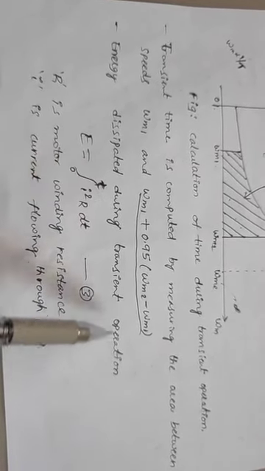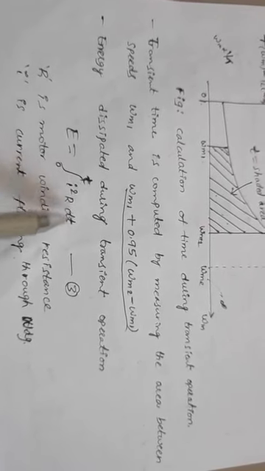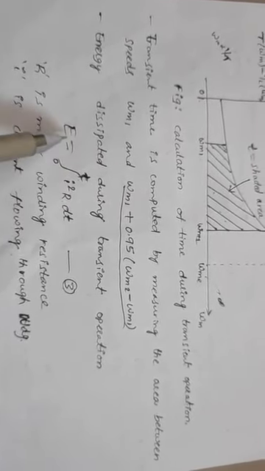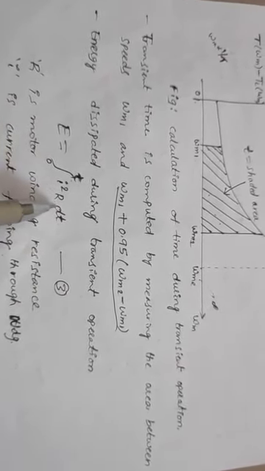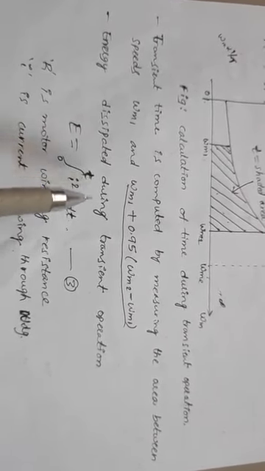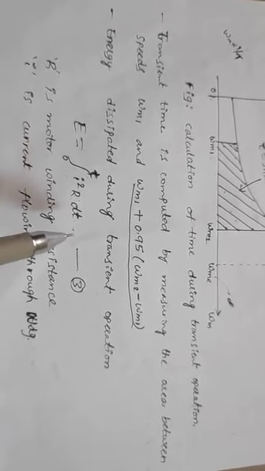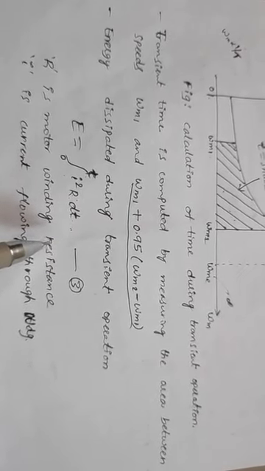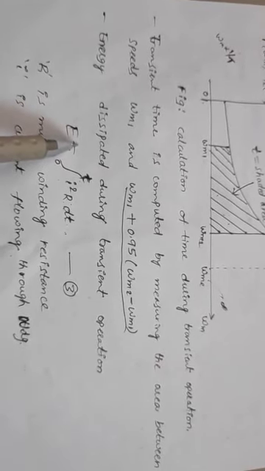Power loss is I square into R. If we multiply with the corresponding time, here the transient time, the energy dissipated is the integral from 0 to t of I square R dt, which is I square R into t. Here R is the motor winding resistance and I is the current flowing through the winding. We know the current, and the motor winding resistance we can take from the given data, and we can calculate the energy dissipated during the transient operation.